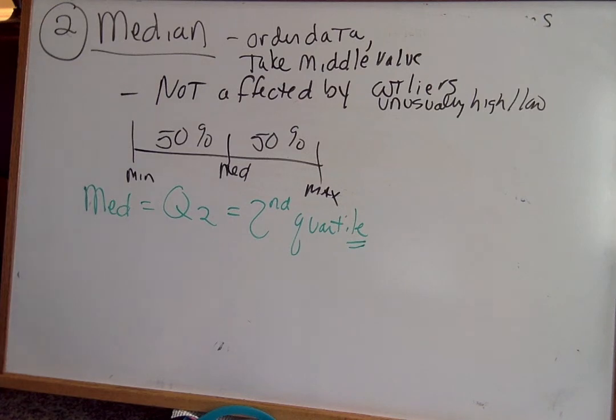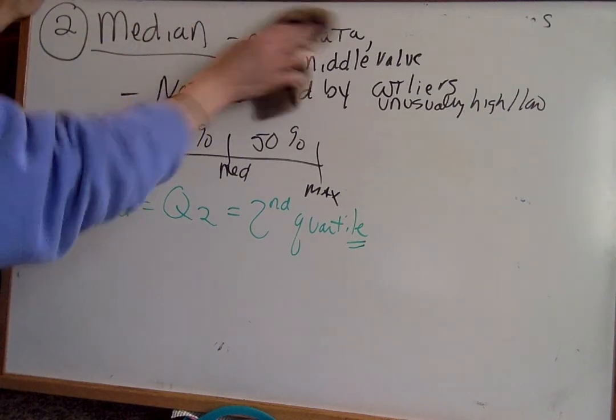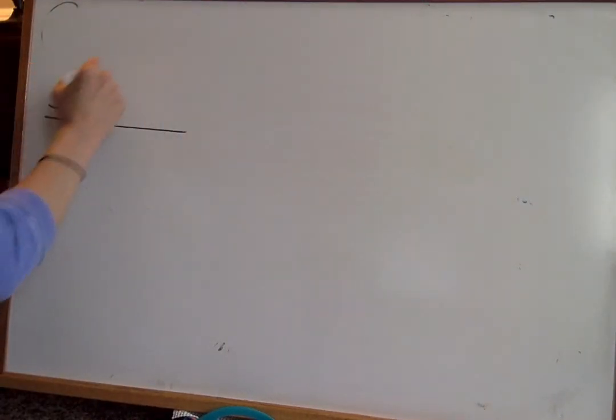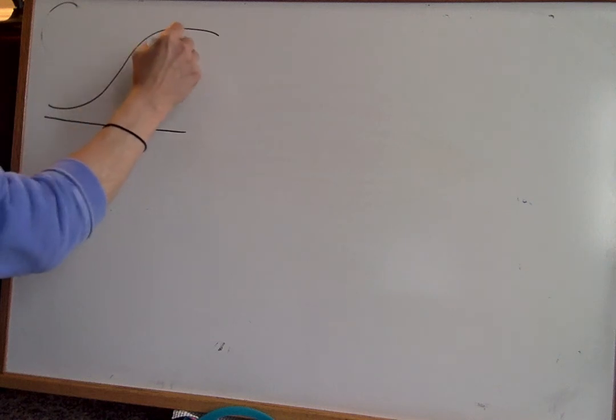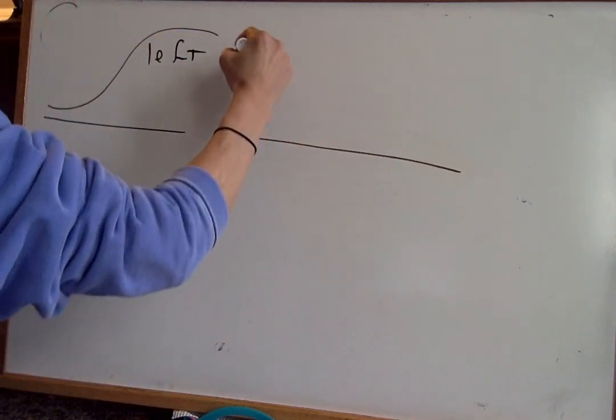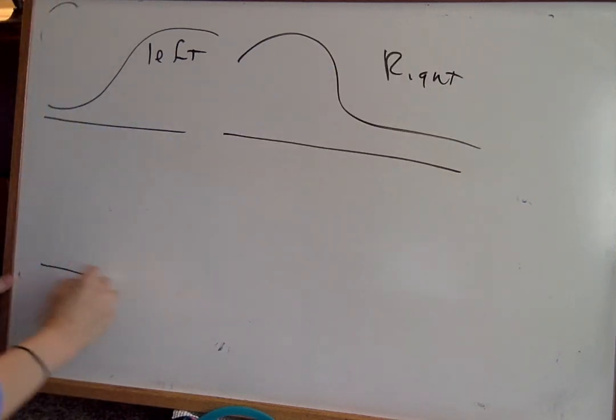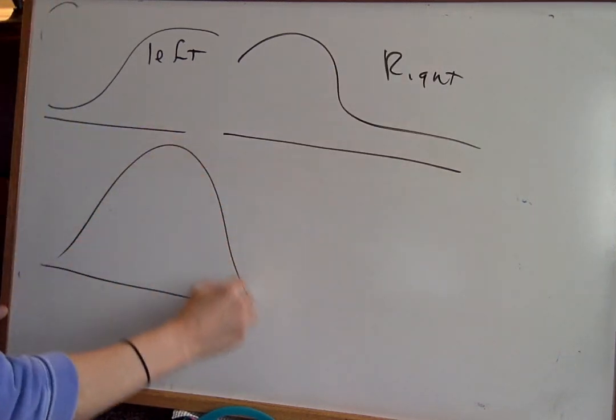All right, let's go back to our graphs. So if you did print the notes, or if you've been writing along with me, you can just flip back a page. So we had left skew, we had right skew, and we had symmetric.